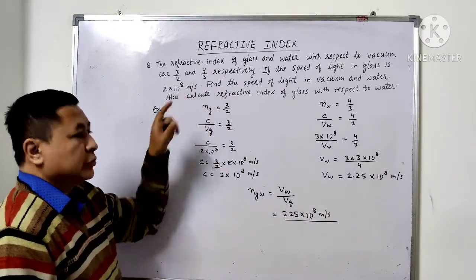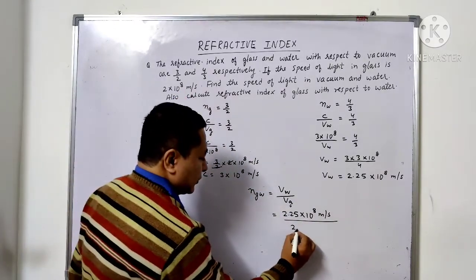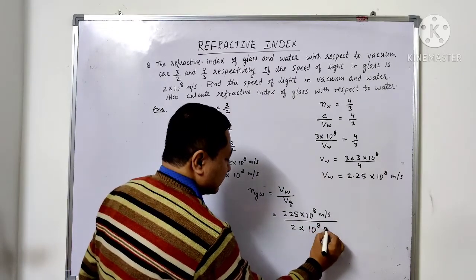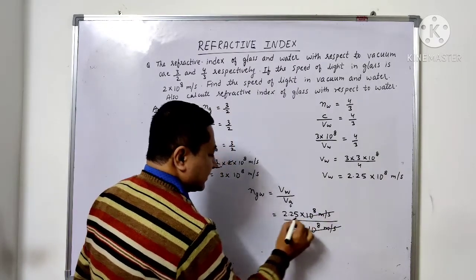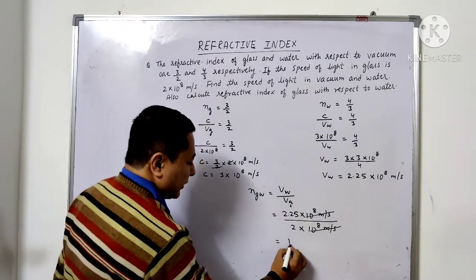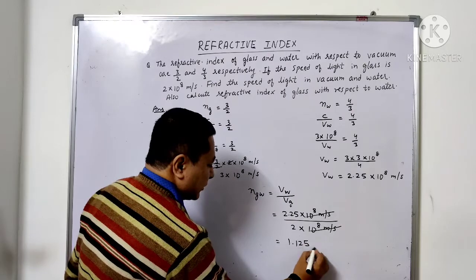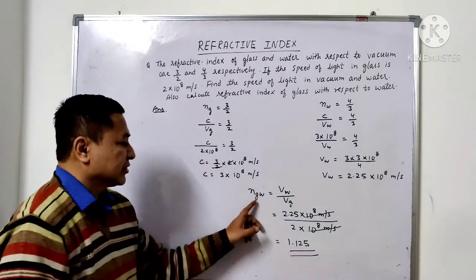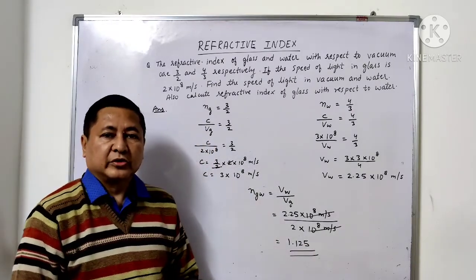It is given in the question, 2 into 10 raised to 8 meter per second. This will cancel. 2.25 divided by 2 is 1.125. So the refractive index of glass with respect to water is 1.125.